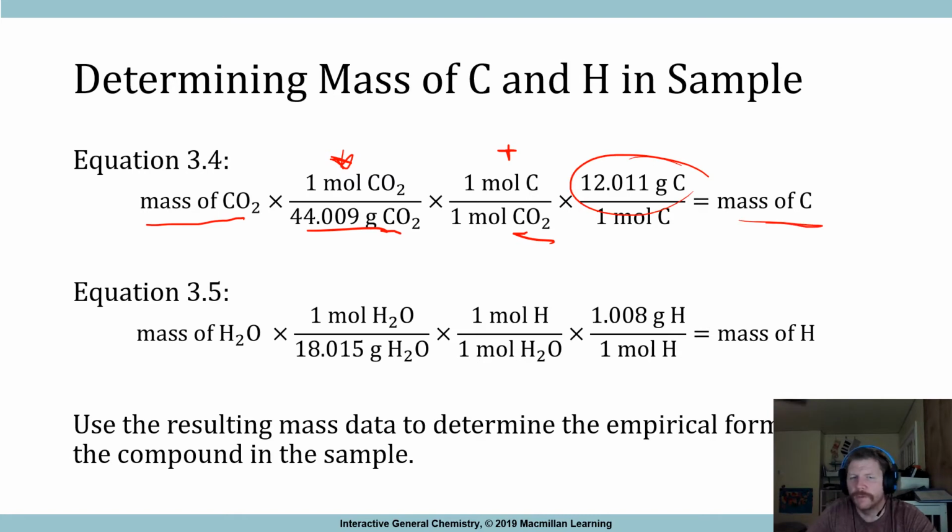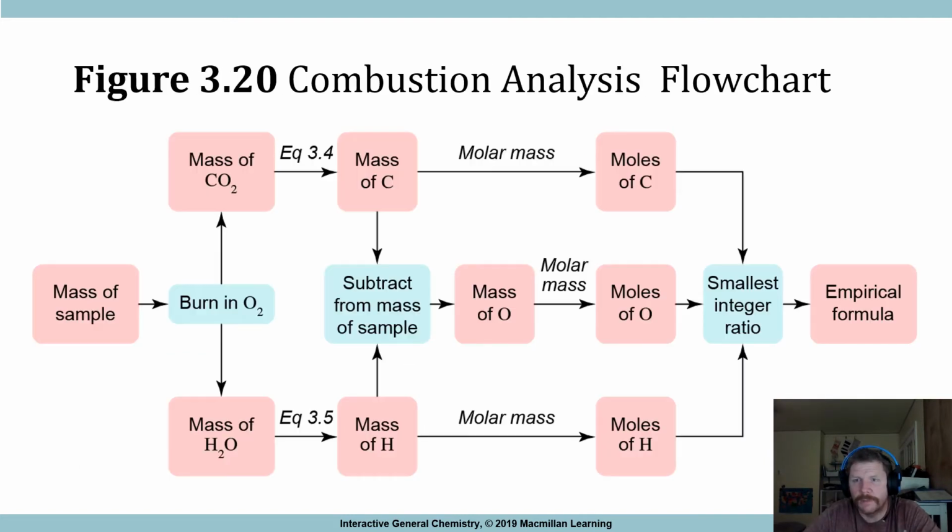Therefore, the mass of carbon that was present is this. You do the exact same thing with the mass of H2O. I think the best way to get after this is really to look at a specific example. Here's the flow chart for what you're doing, but again, we're going to look at a specific example. This might be worth your while to revisit periodically, but here we go.